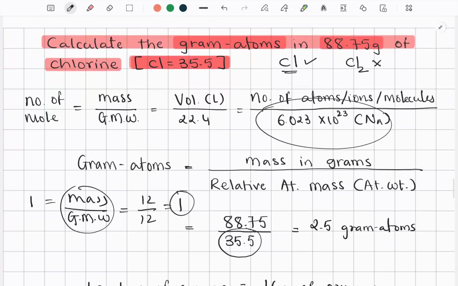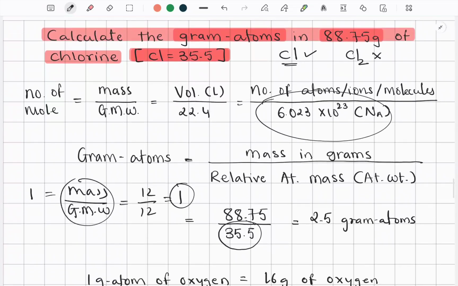We need to understand when we have to use gram atoms and when we have to use number of moles. As we saw, 1 gram atom of oxygen is equal to 16 gram of oxygen, and 1 mole of H2O is nothing but 18 gram of water molecules.